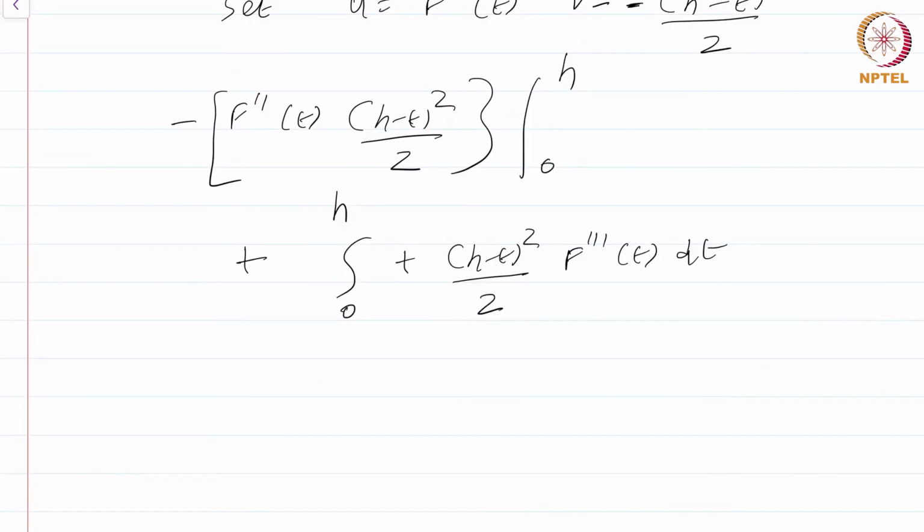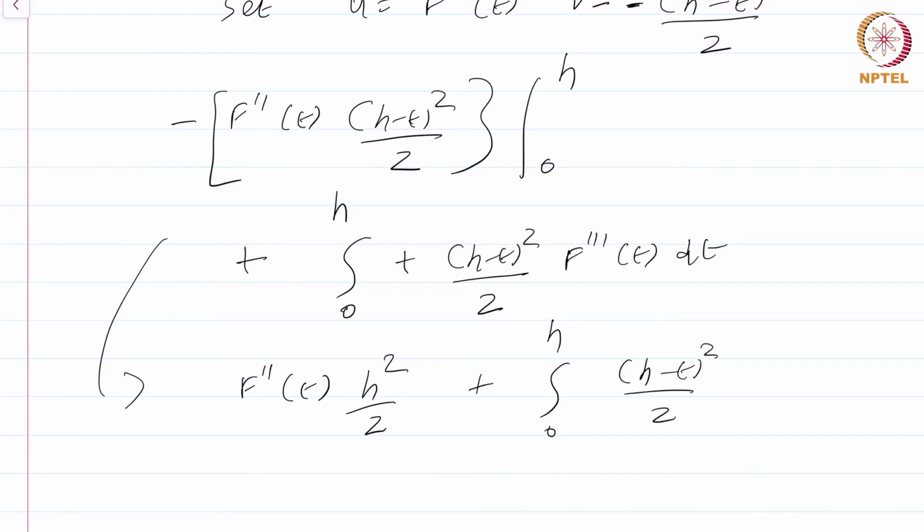We'll have to substitute the limits again. So when you substitute h, it will disappear. When you substitute 0, there is again a negative sign, and that will get cancelled with the negative sign outside. So this whole thing will become f double prime of 0 into h squared by 2 plus the integral 0 to h of (h minus t) the whole squared by 2 f triple prime of t dt.